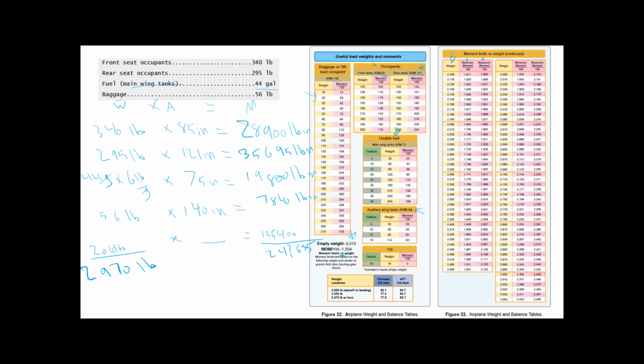And so now we're going to take off the zeros. We're going to divide it by 100. So 2,476 for our moment, and our total weight is 2,970. So now we're going to find where 2,970 is. Ooh, looks like we are overweight.